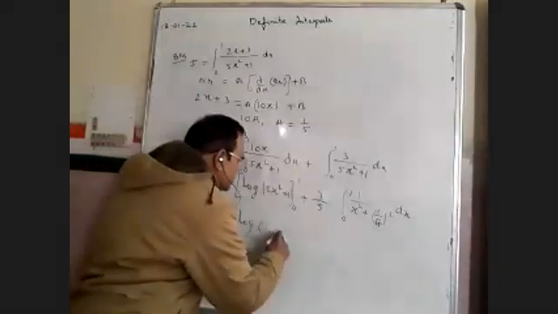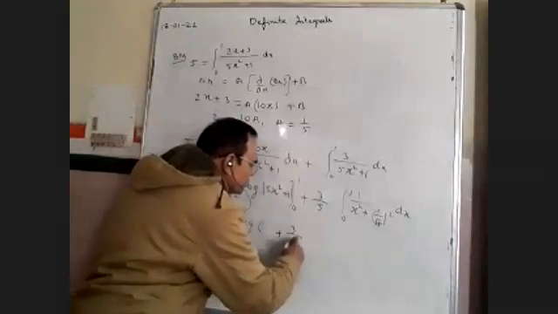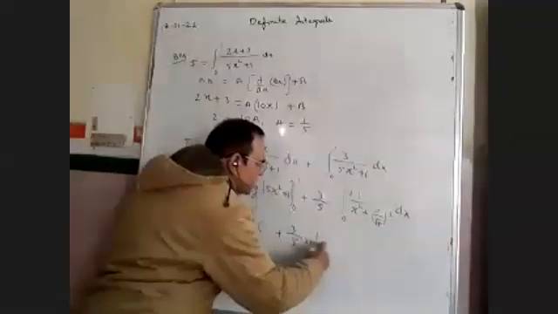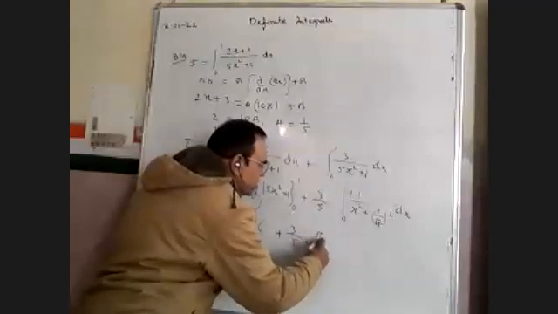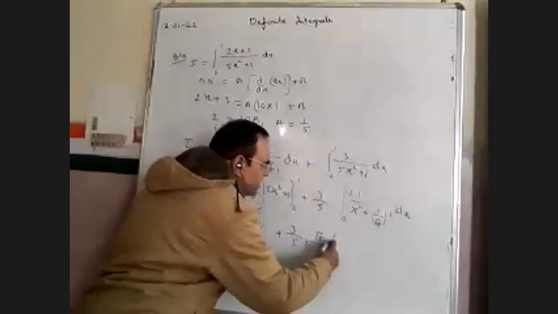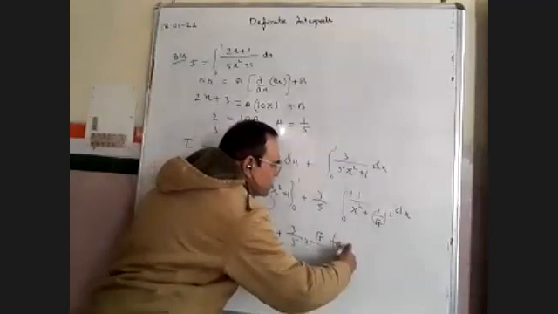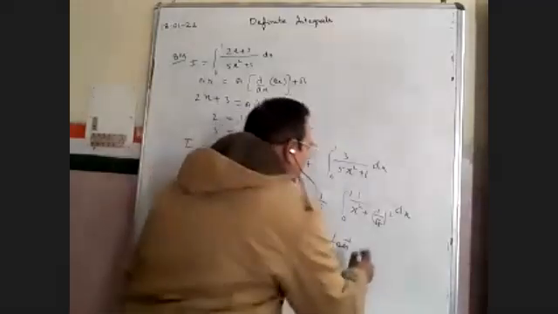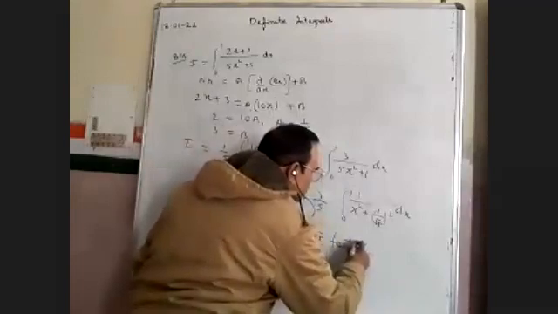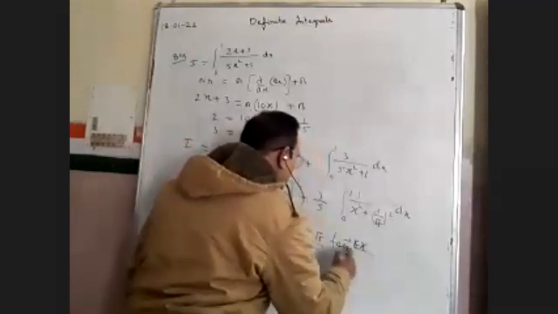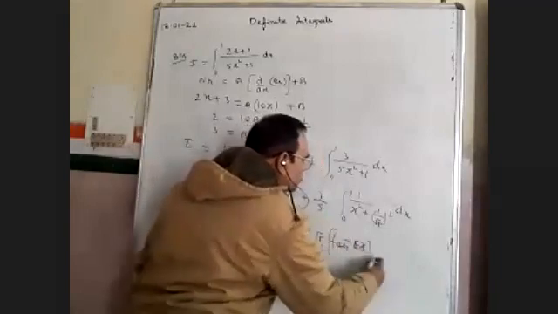And the next 3 upon 5, 1 upon a. In place of a, we have 1 upon root 5. So root 5 will come here. And tan inverse x upon a. x upon a means x upon 1 upon root 5, so root 5 will come here. You have to put the value 0 to 1.